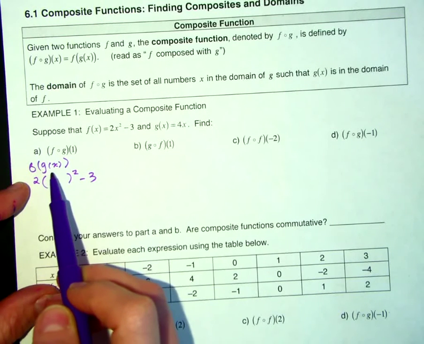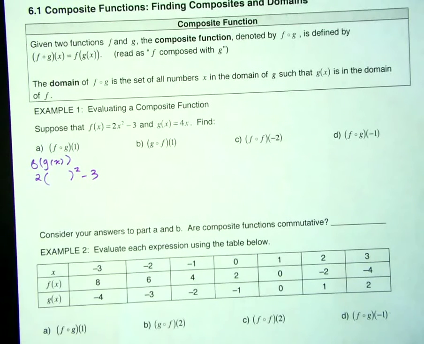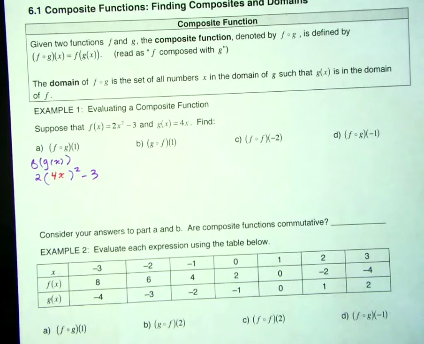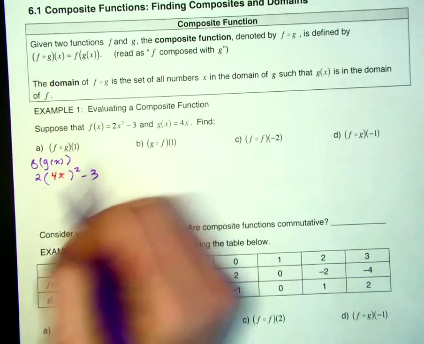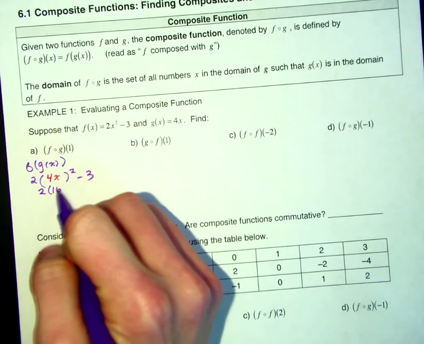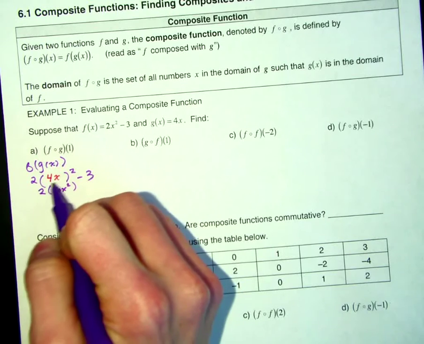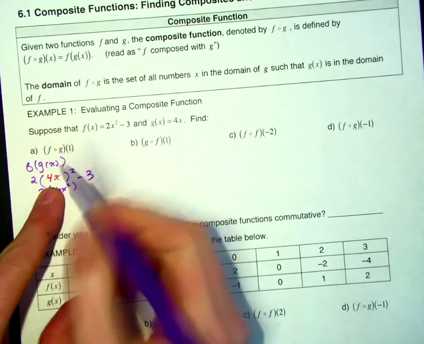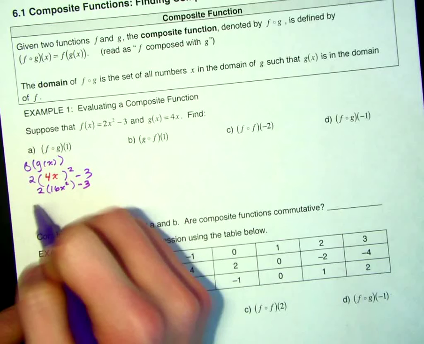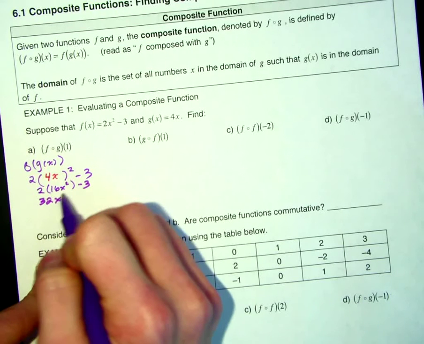Well, what is g of x? It's 4x. So what I'm doing is I'm plugging in what g of x is, and this becomes 2 times 16x squared. Remember, anytime you square a product, you have to square each part, minus 3. So this is 32x squared minus 3.